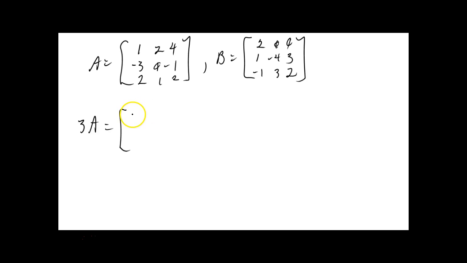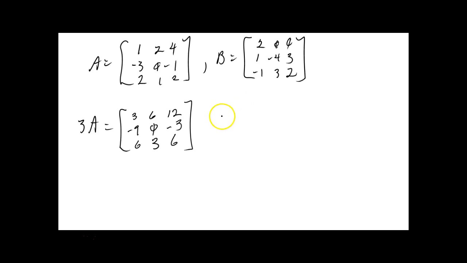Do it, and what would that be? 3, 6, 12, -9, 0, -3, 6, 3, 6. Let me get that cleaned up a little bit. All right, good. Got the A part done pretty well.